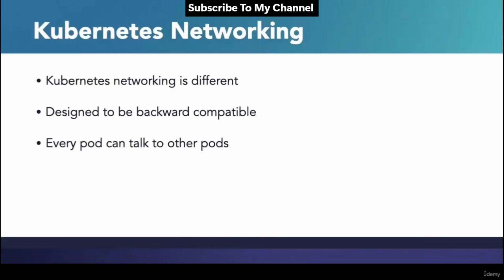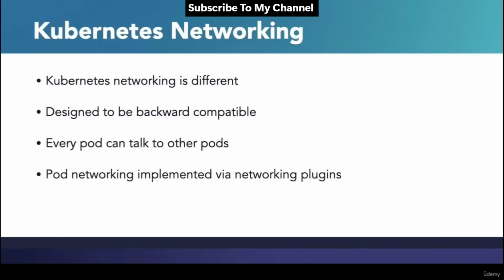And just like a VM can talk to another VM, so can a pod. There is no need for network address translation or NAT. There is no need to map ports on a host to the ports on a pod. In fact, the Kubernetes networking model requires this simplicity. And this network model is made possible by virtue of external network plugins.